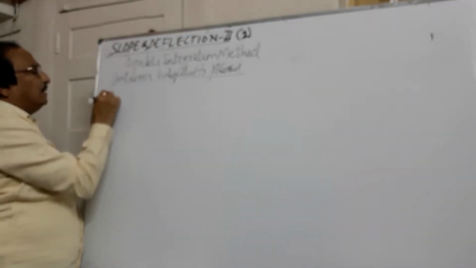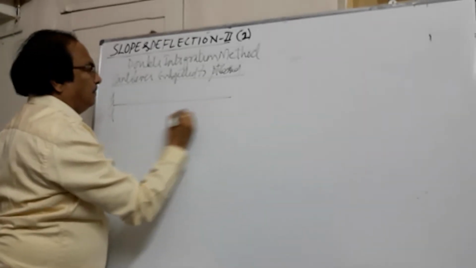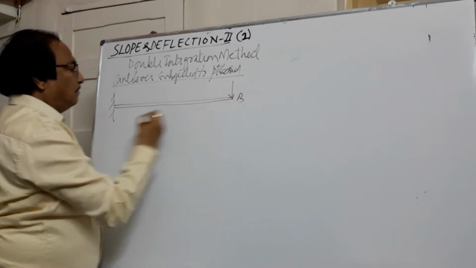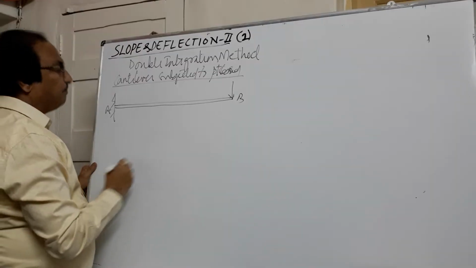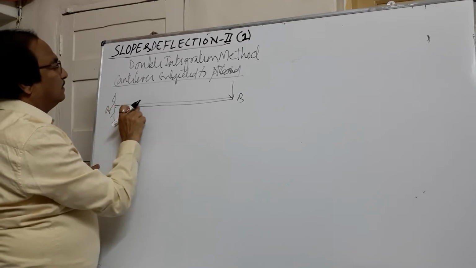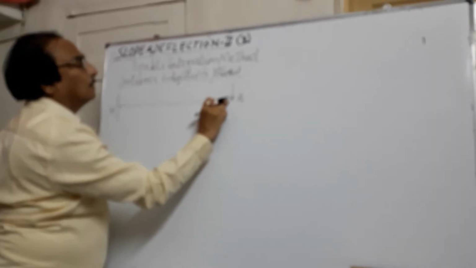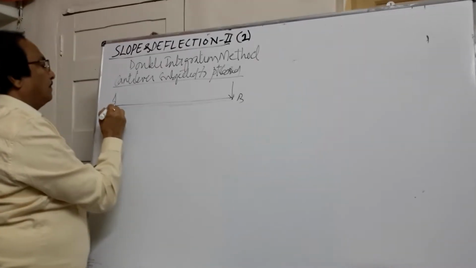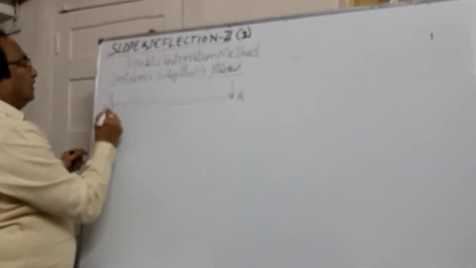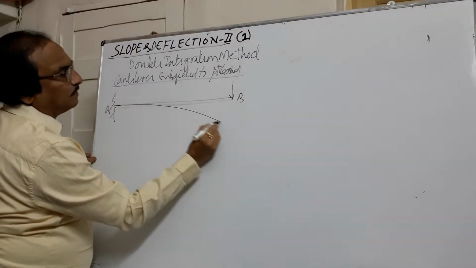Suppose I take a cantilever beam AB subjected to load W at B. It will get deflected in this form.